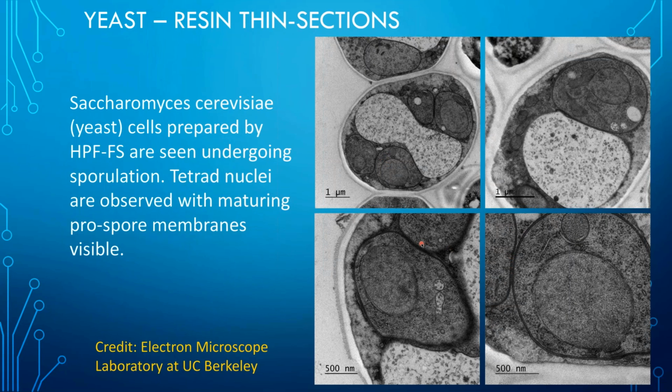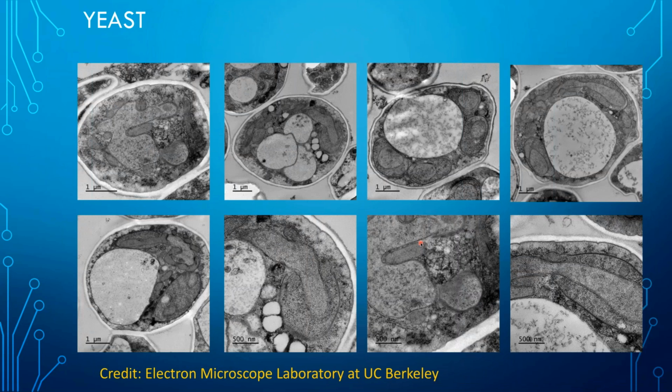Just to give you a sense of scale here, I also want to impress upon you how nice the consistency of the Rio's acquisition was across a whole host of different intensities coming from the beam. Here is a section where there are some imperfections in how it was cut. Yeast can be difficult to infiltrate because of its cell wall, so you have some areas of the section that didn't infiltrate well.